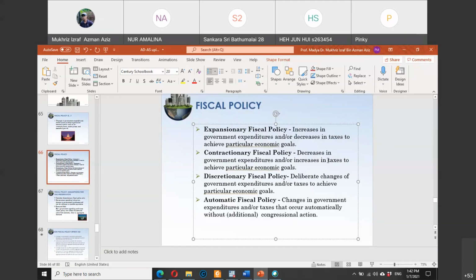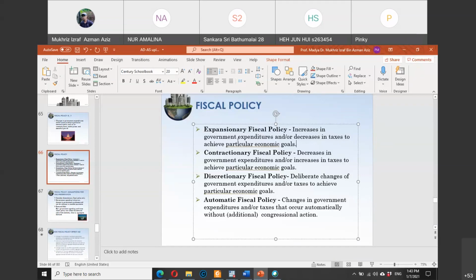For example, with the COVID-19 pandemic problems, the economy is not doing very well, so the government will use expansionary fiscal policy, as you heard from the news a few days ago when the government announced another package to help those affected by COVID-19. That is part of what we call expansionary fiscal policy.